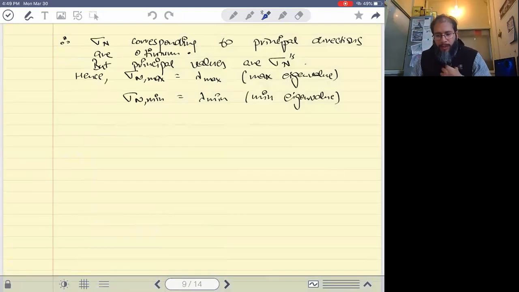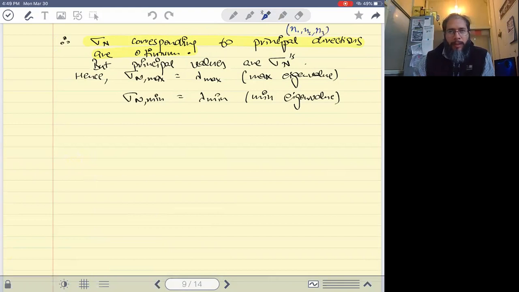Since the solution to this is the eigen directions or principal directions, what we can say is that the sigma n corresponding to the principal directions or eigen directions are optimum. So that means we have found n1, n2, and n3 values for which the sigma n values are optimum.